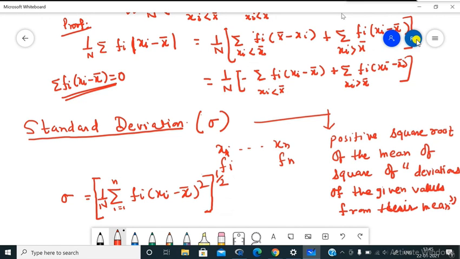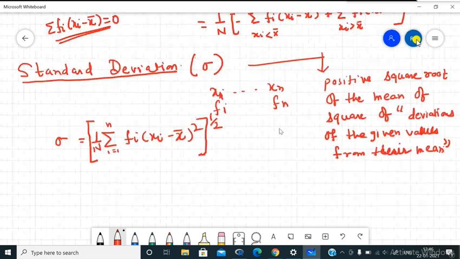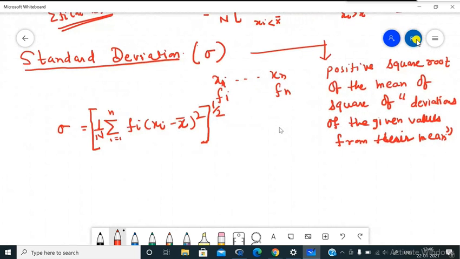Okay, so one thing I want to discuss that is important: this root mean square deviation can be written as 1 by n summation.